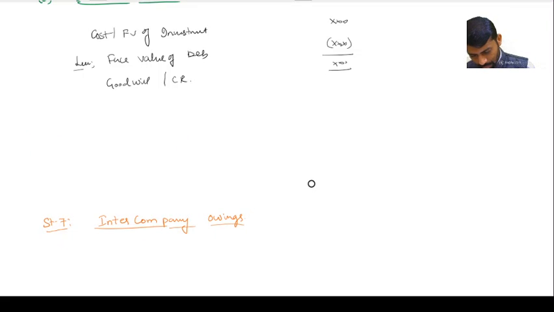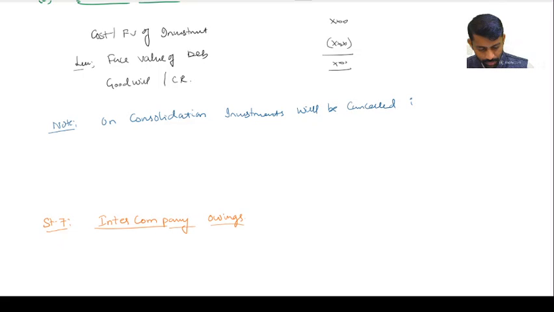Note: on consolidation, investments will be cancelled in the holding company books. What will happen?